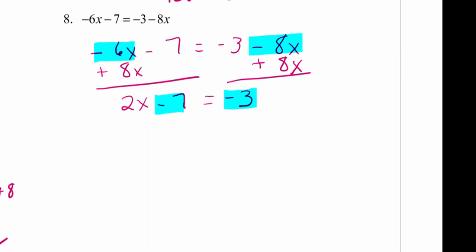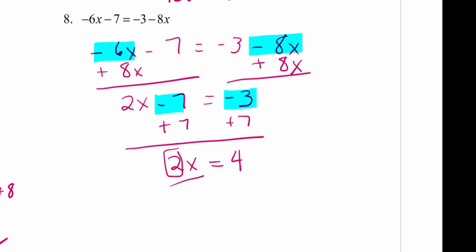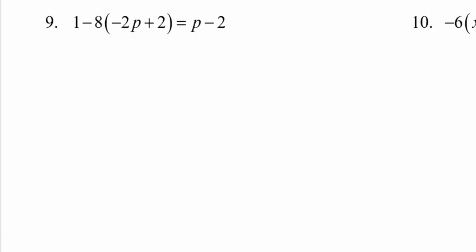So we will go ahead and add a 7. And now we get 2x equals 4. And our coefficient, we need to make that a 1. So we're going to divide both sides by 2. X equals 2.